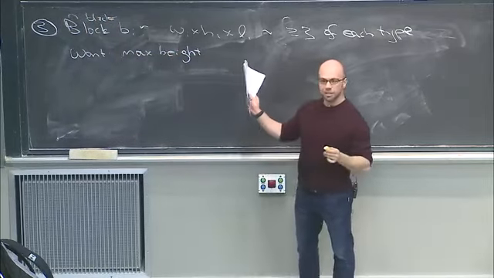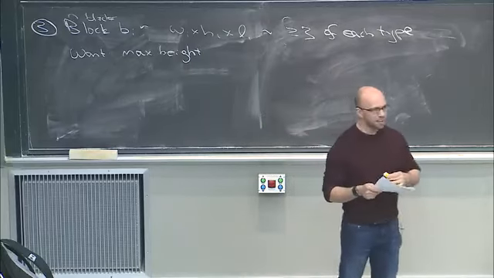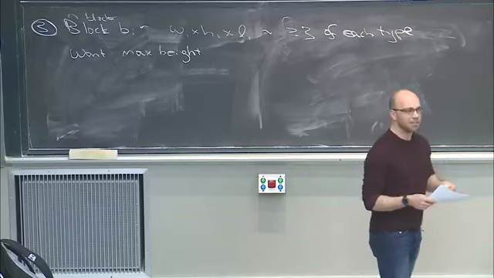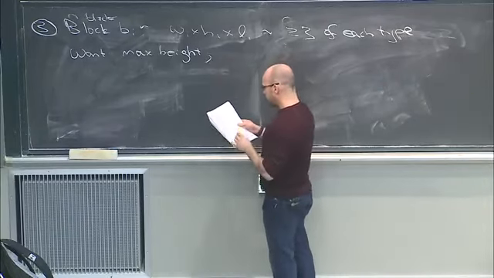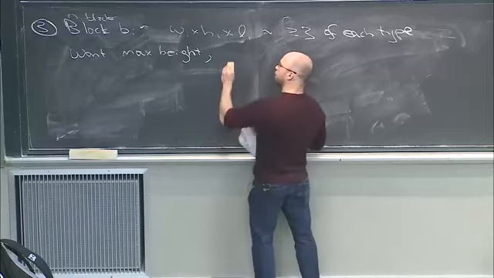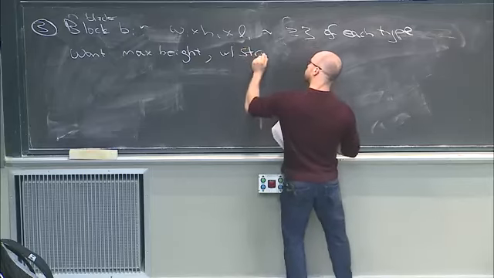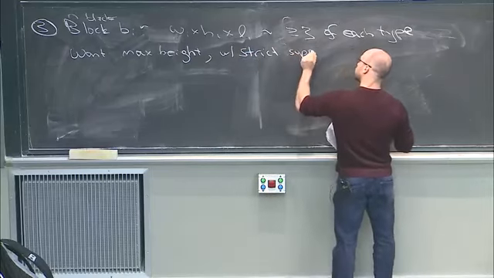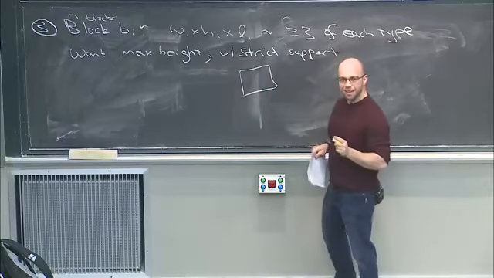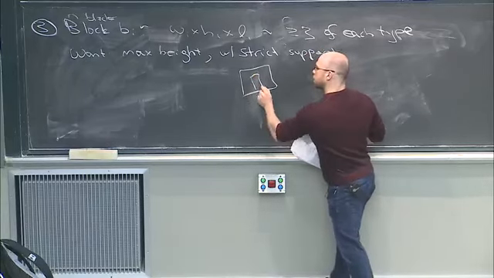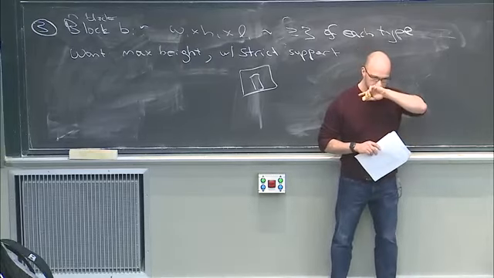So she wants the max height that she can achieve, but just to be kind of annoying, or because, again, she's very concerned with structural stability, she lives in an earthquake zone, she would like, with the condition that each block is strictly supported on the block beneath it, right? So in other words, if this is the base of one block, then the next block that's stacked on top of it has to be strictly contained within the block below it, right?